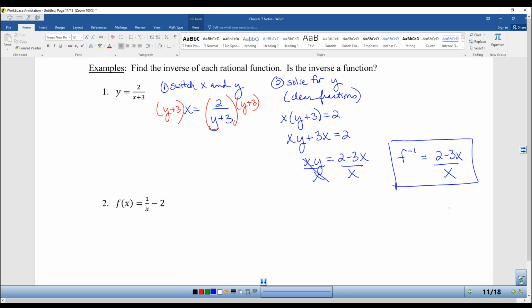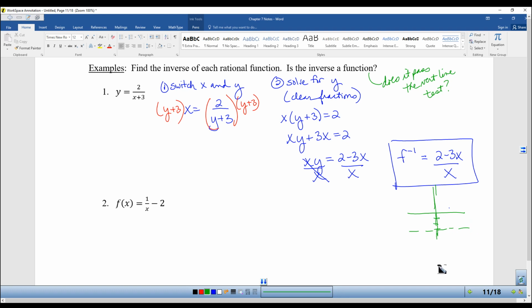The question is, is the inverse a function? So that means, does it pass the vertical line test? Now, without actually graphing this, I do know that it has a vertical asymptote at 0, right there, and negative 3 over 1, at negative 3, it has a horizontal.